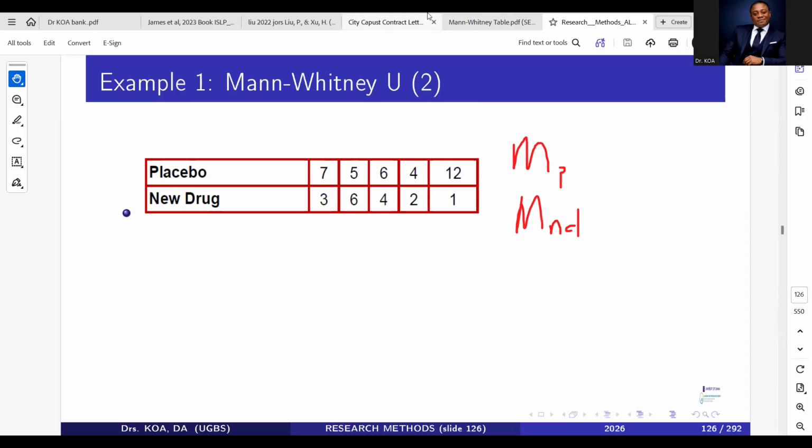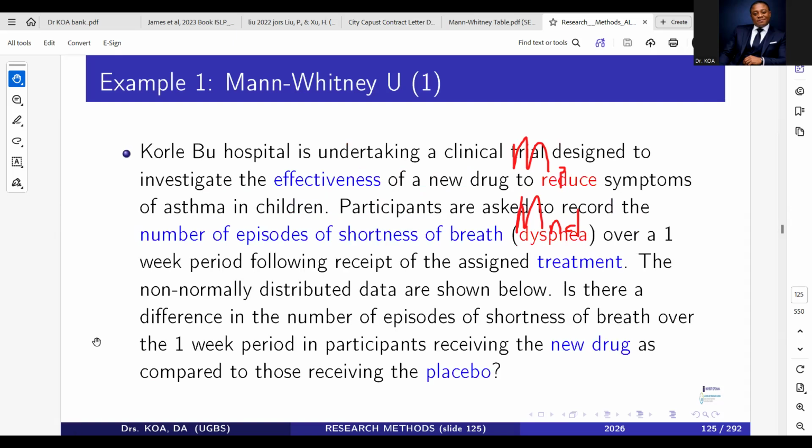So, looking at the storyline, we will be able to formulate the null and the alternative hypothesis. Who can do that? The null and the alternative hypothesis. From your mind.